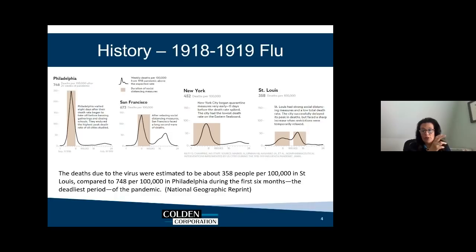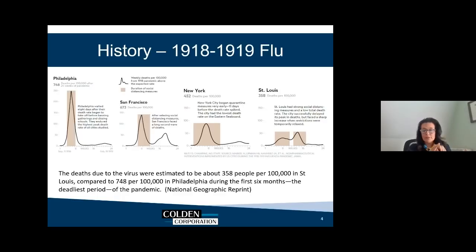Not in that distant of a past, just 100 years ago, we had the 1918 flu, or the Spanish flu as it's sometimes called. And history is very powerful if we're paying attention. This is a great graphic that National Geographic put together just a little while ago about the flu and what happened in 4 major cities in their response.